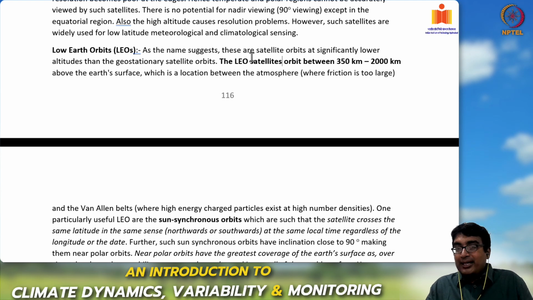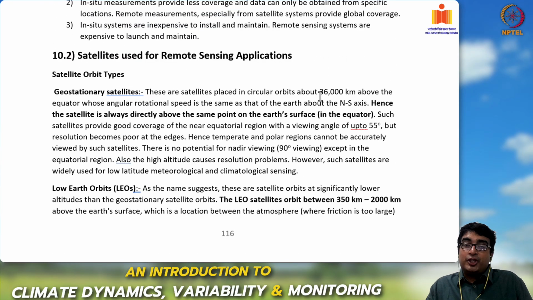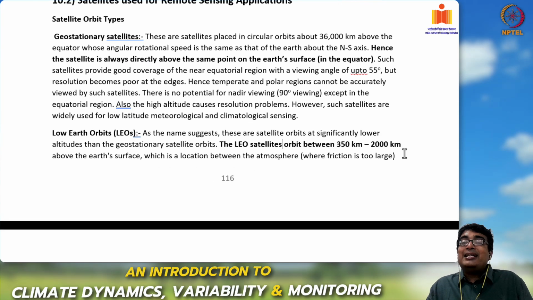The LEO satellites orbit between 350 km and 2000 km. Compare this with geostationary, which is 36,000 km. So these are 20 to 100 times lower: at 350 km it is about 100 times lower, and at 2000 km it is around 20 times lower. So these are far closer to the Earth's surface compared to geostationary satellites.